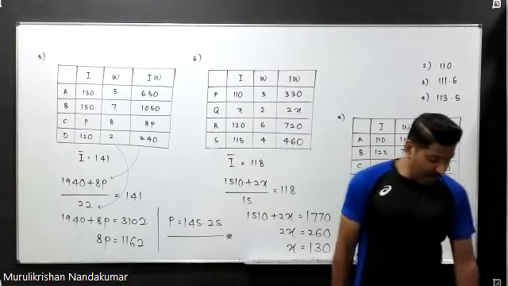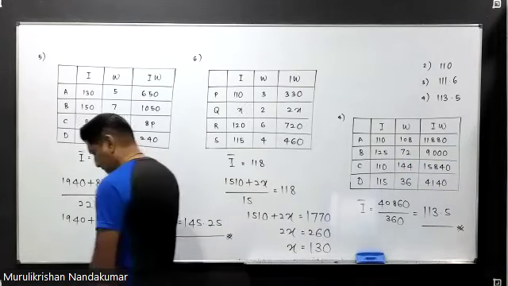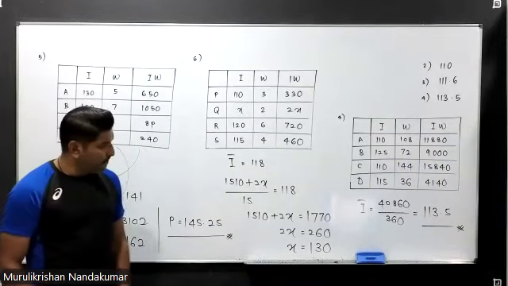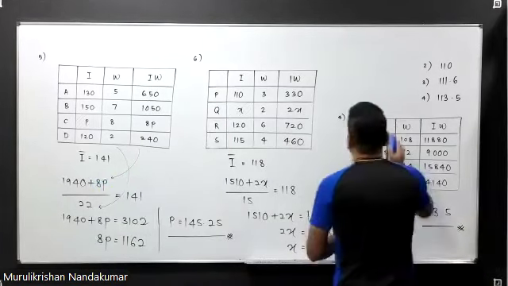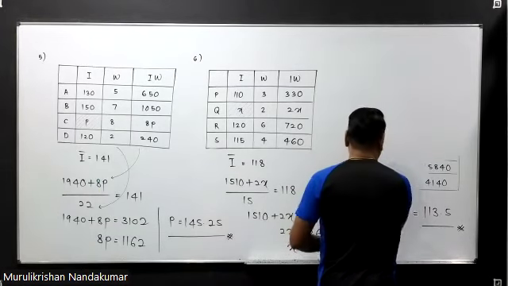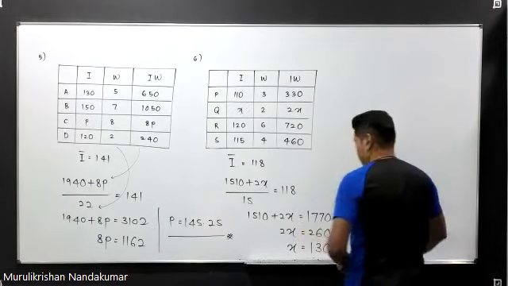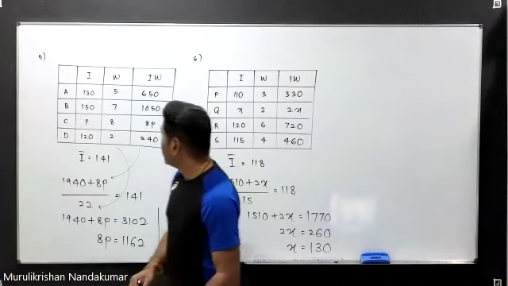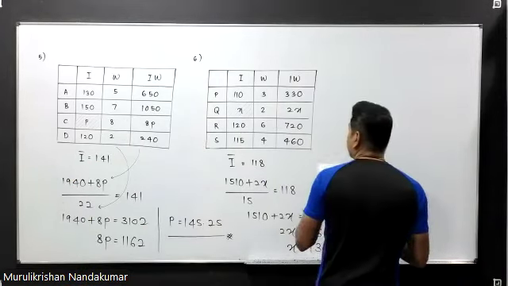Then we complete the examples, the exercise. So 5 and 6 are done. We can try 7.